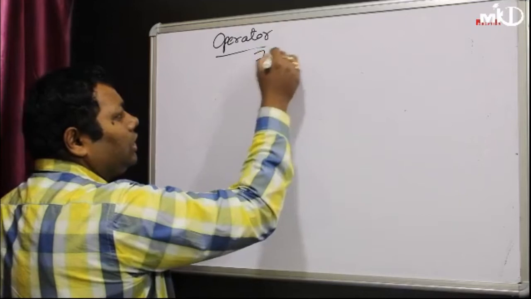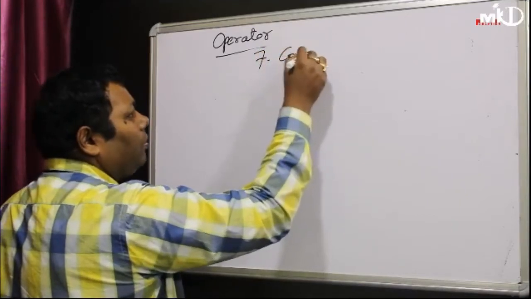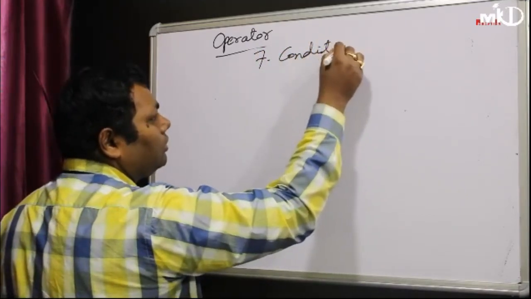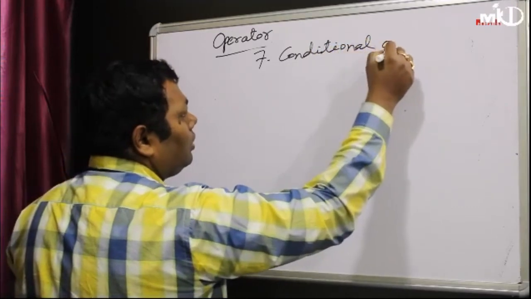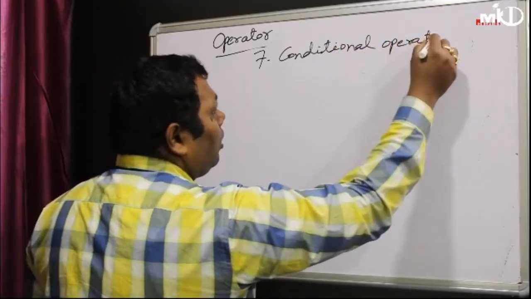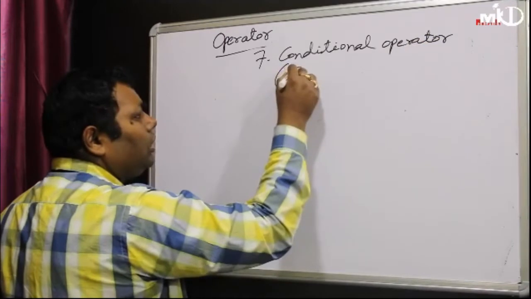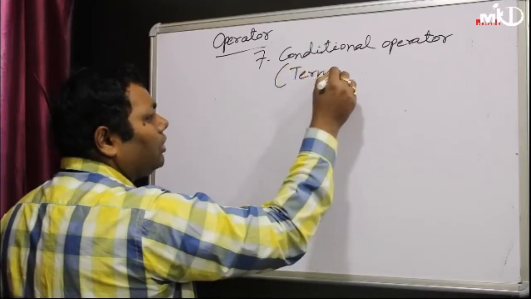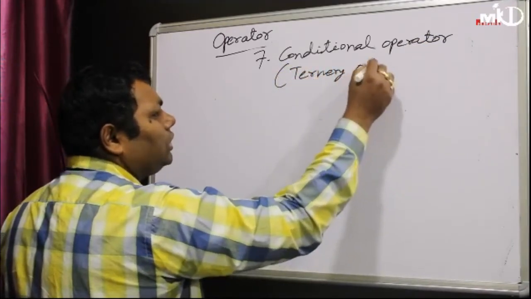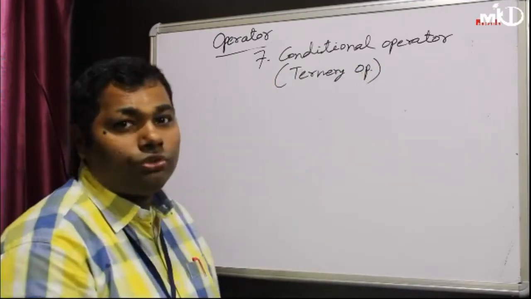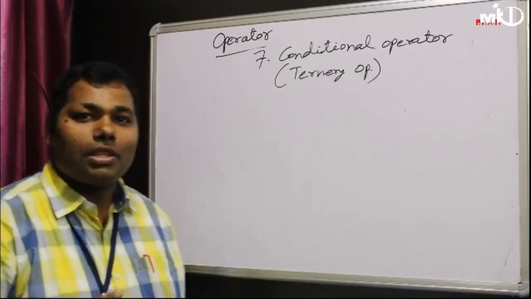So next is the conditional operator. The conditional operator is also called the ternary operator because this is the single operator which uses three operands.